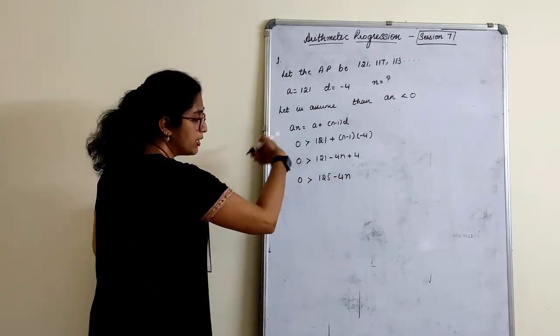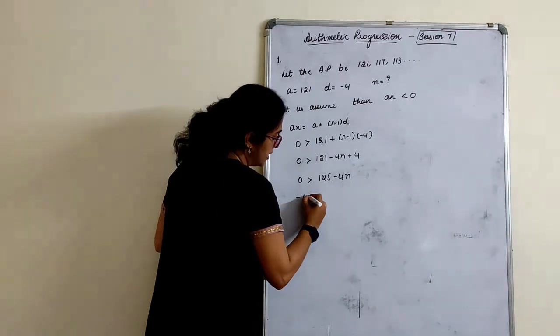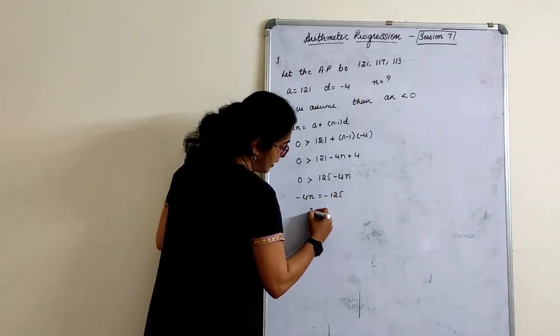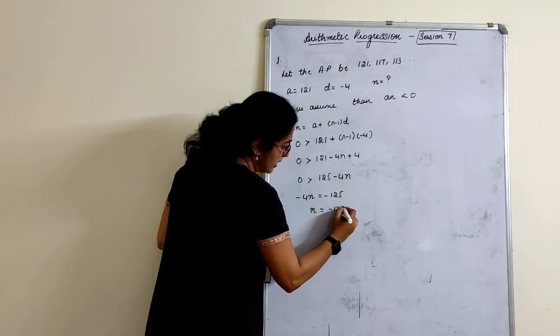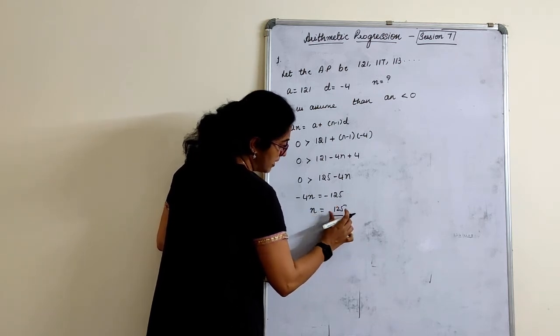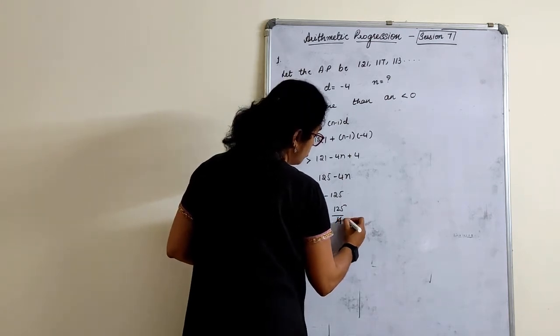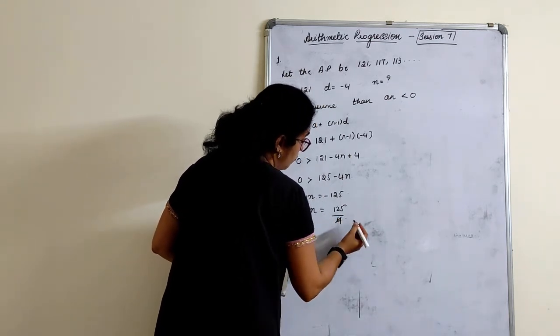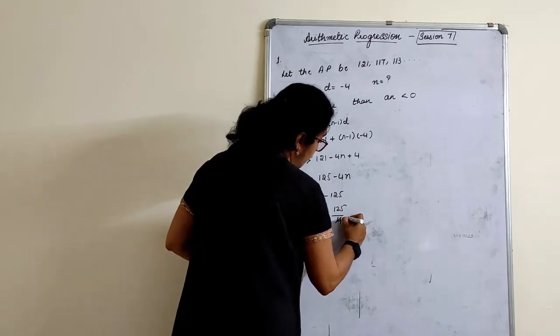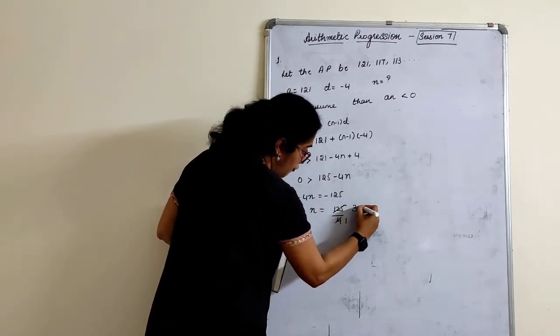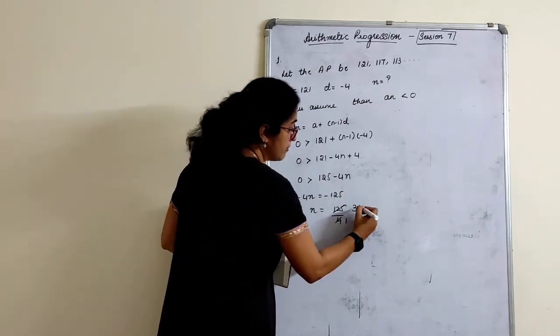Let us shift it to this side. Minus 4n is equal to minus 125. N is equal to minus 125 by minus 4, the minus will get cancelled, so 125 by 4. 4 ones are 4, 4 threes are 12, 4 ones are 4, 1 remainder.